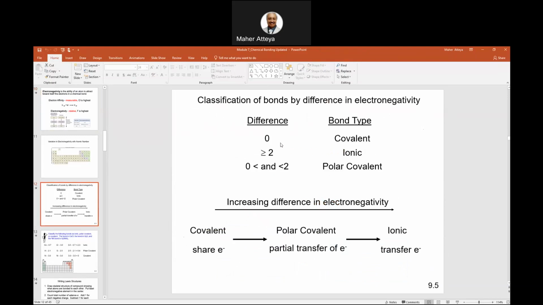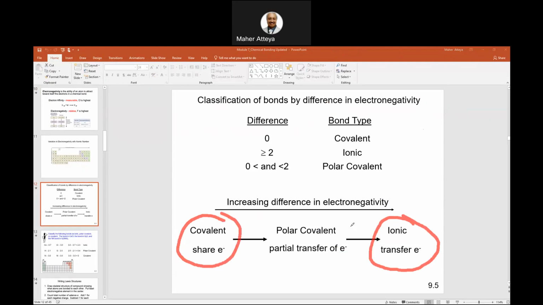Guys, just to show you here. Ionic is close to 2, and covalent shares electrons. Ionic transfers. That's very important here, and this is the difference between those. The ionic ones don't share, they transfer electrons, from the metal being positive, giving away its valence electron, to the non-metal accepting it. The covalent ones share, correct?